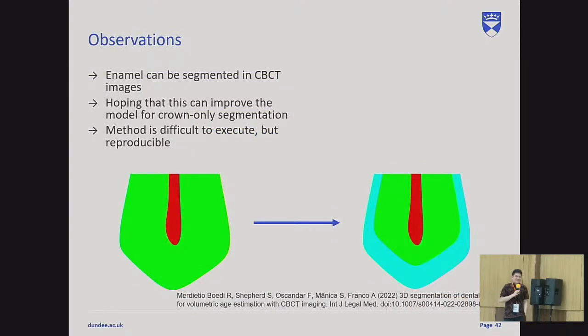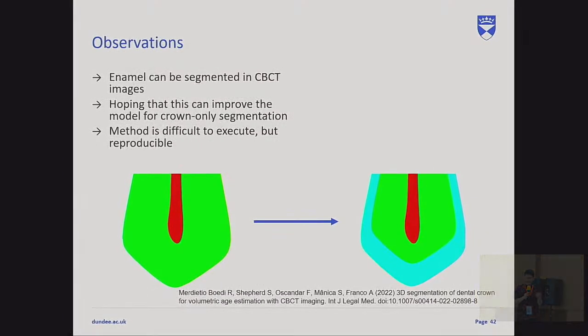We found that the enamel can be segmented in CBCT. We are hoping by introducing new variables, we can improve the model predictive capability. But it needs to be remembered that the method is really, really difficult, but reproducible.